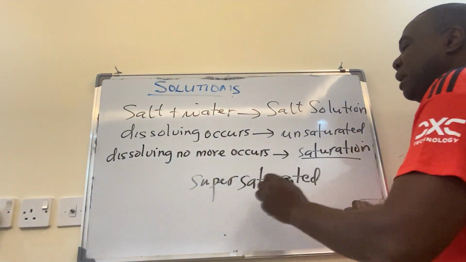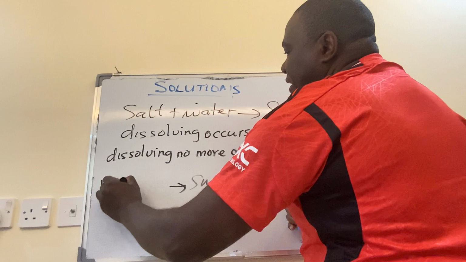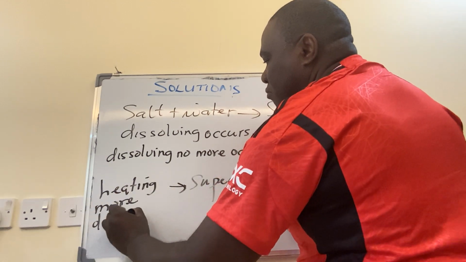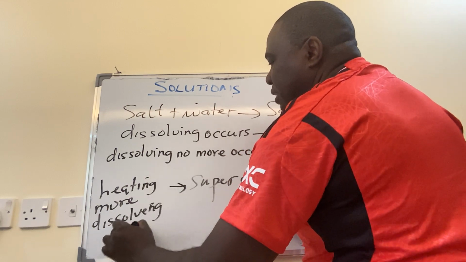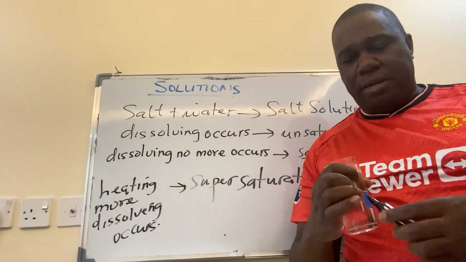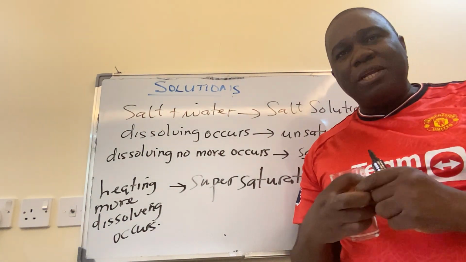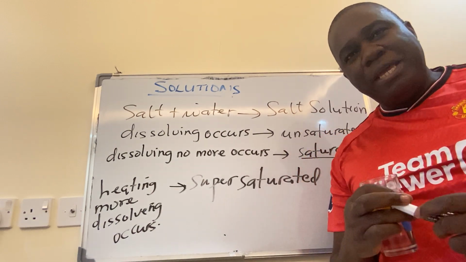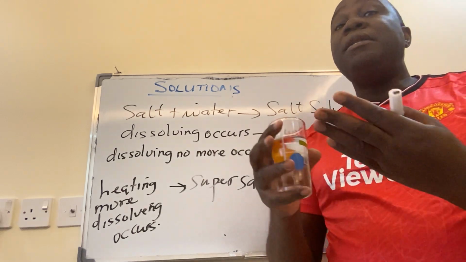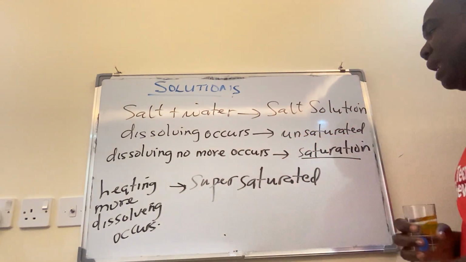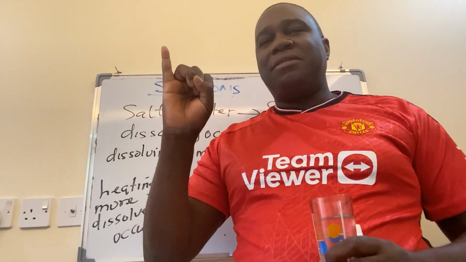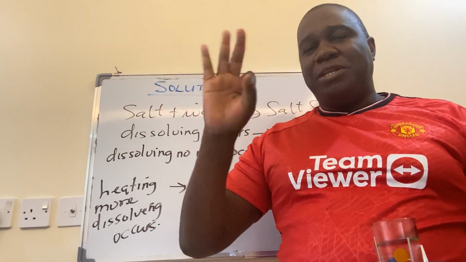You have exceeded saturation, but by heating, more dissolving occurs, and as a result, you reach what we call the supersaturation point. So solubility is usually quoted at certain temperatures, and once we heat, we are in a position to increase the solubility of a substance, and that will allow us to reach a point which we call supersaturation. So, three terms: unsaturation, saturation, and supersaturation.